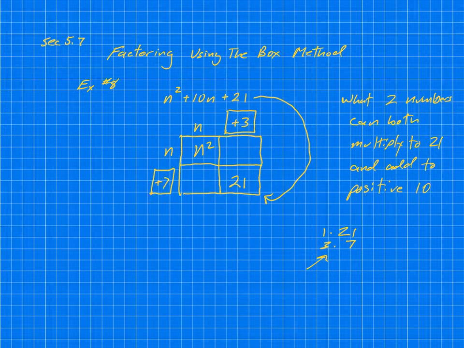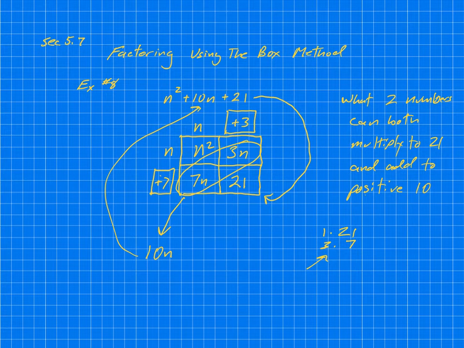We can double check by filling in the boxes. I got 3 times n for 3n and 7 times n for 7n. If I add these two terms up, I get the 10n that I was hoping for. That's the middle term. So we know we have the correct numbers.